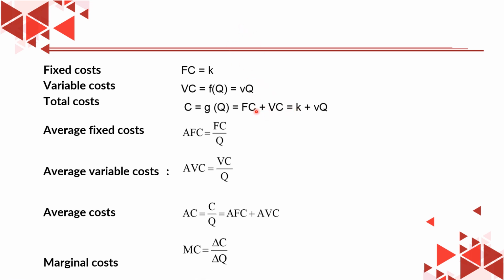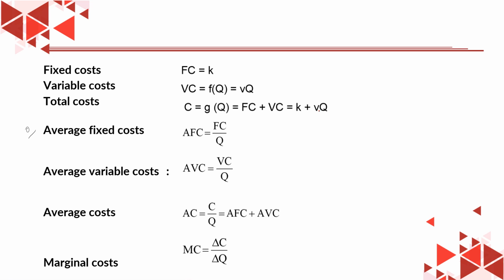Okay, so if we consider fixed cost as a constant, then write it down here as a constant k. The variable cost is v times q. I will add a dot here so that you can see that this is a multiplication operator. Okay, v times q.